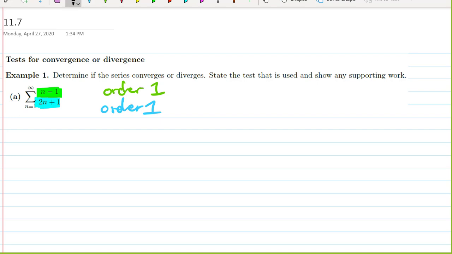And if we divide each of those, we're going to have degree 0. So if we have a degree 1 divided by a degree 1, we're going to get a constant. And if we keep adding a constant, we will probably end up with something that diverges. So our guess is that this series is going to diverge.